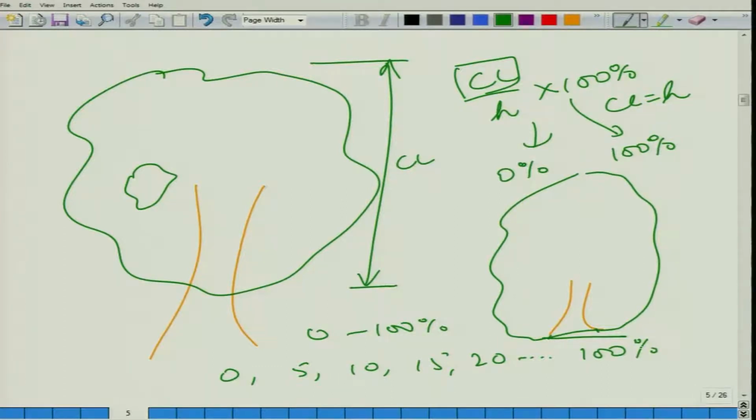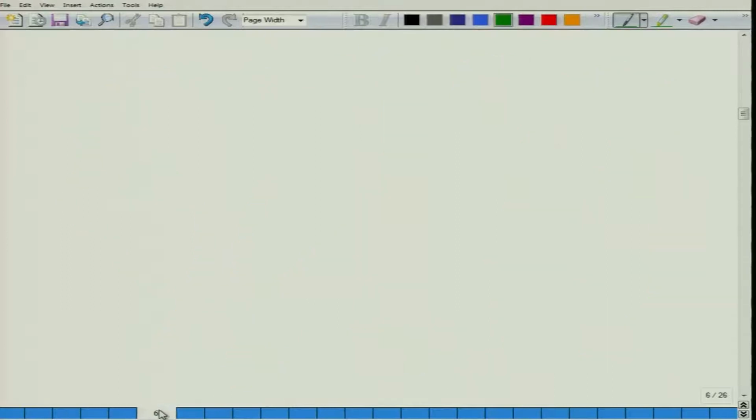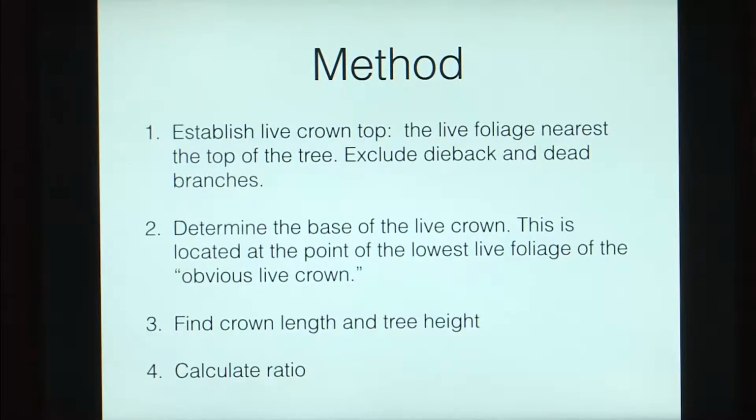When we write it as classes, we do not write the percentage sign, but anything that comes between 1 to 5% will be called class 05, anything that comes from here till here will be called class 10, and so on. So, how do we measure this ratio?